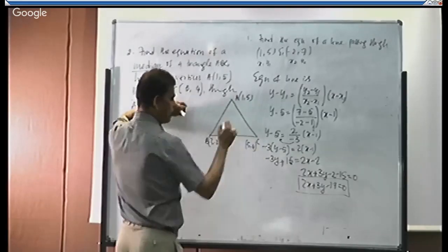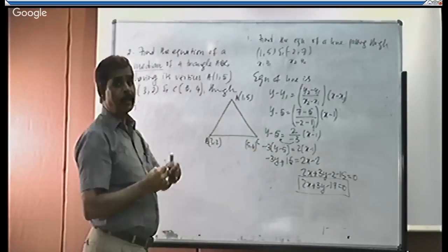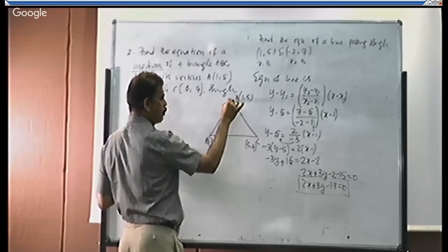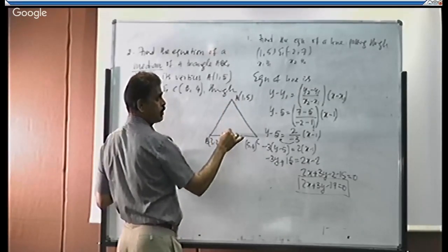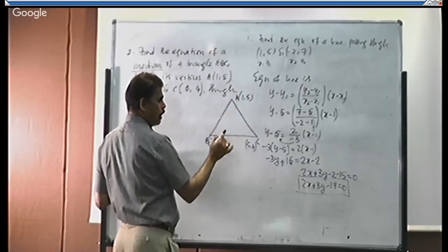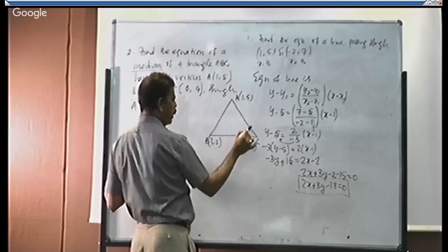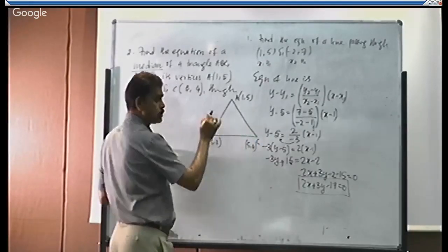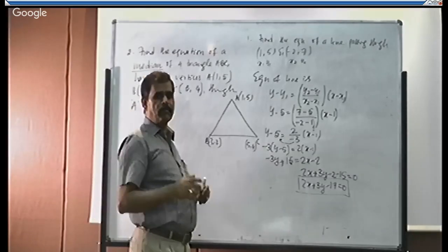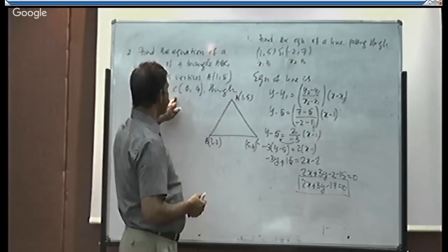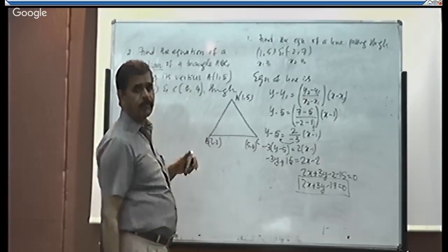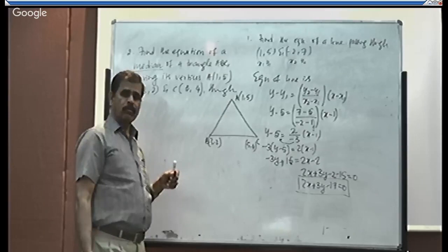A median is a line drawn from any vertex to the midpoint of the opposite side. It means I can draw a median through A, through B, and through C. From all the corners, I can draw the medians. But here we need to get the equation of the median through A.